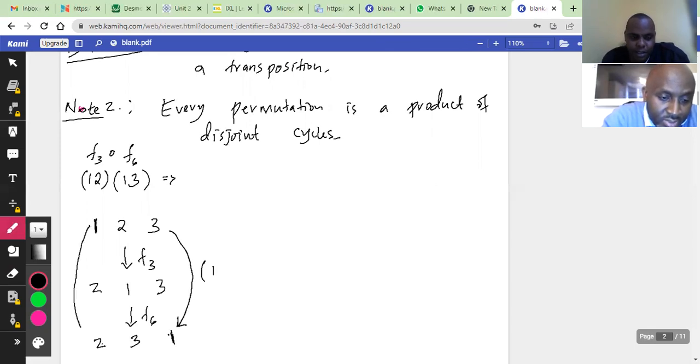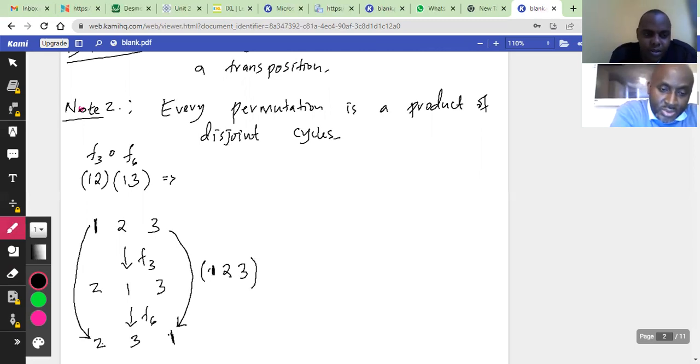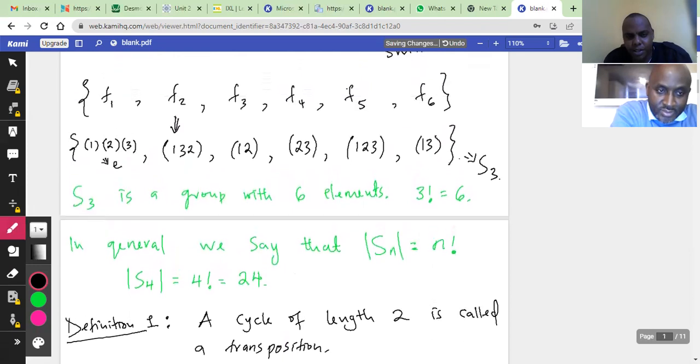So as a cycle, it's going to be 1 to 2, and then 2 to 3, and then 3 to 1. So a composition of (1 2) and (1 3) gives you (1 2 3), which happens to be the function F5.